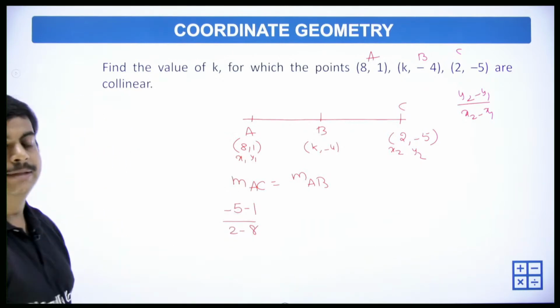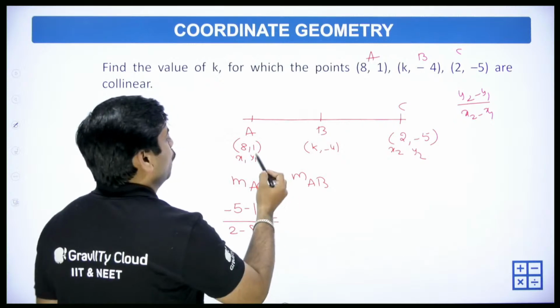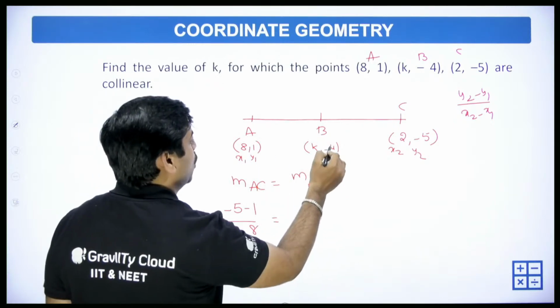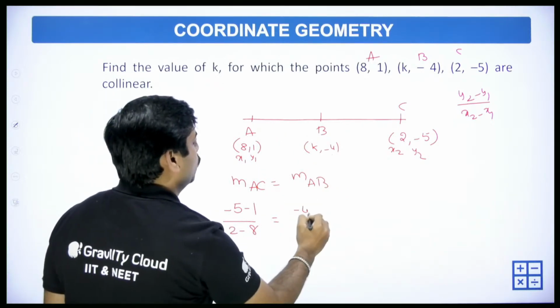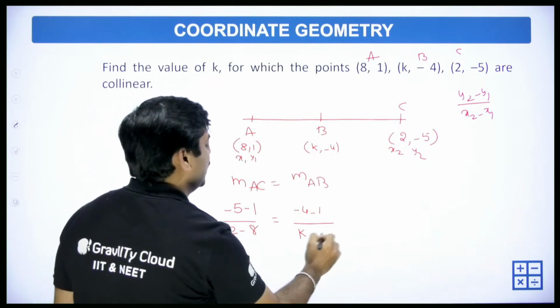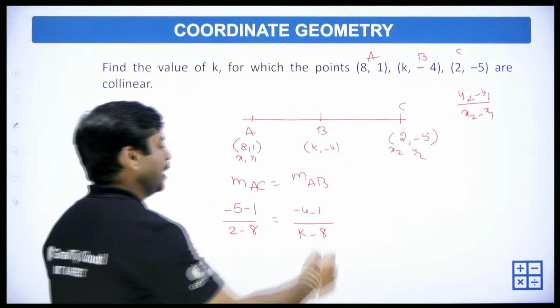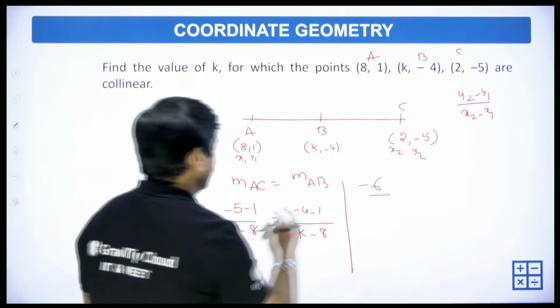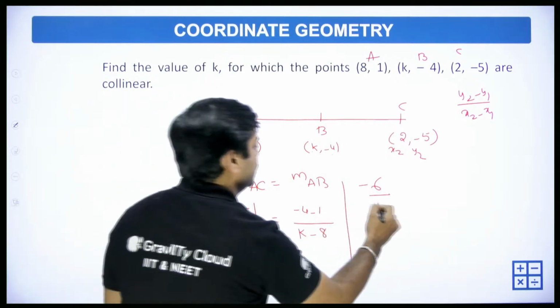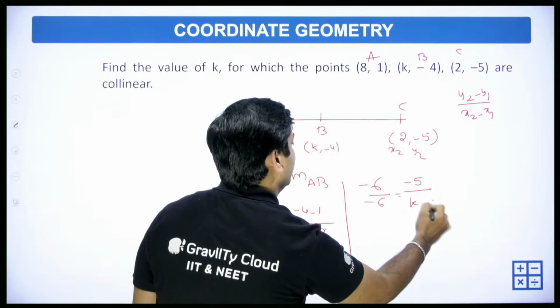That should be equal to the slope of AB, which is (minus 4 minus 1) by (k minus 8). Minus 5 minus 1 is minus 6 by 2 minus 8, which is again minus 6, equal to minus 4 minus 1 is minus 5 by k minus 8.